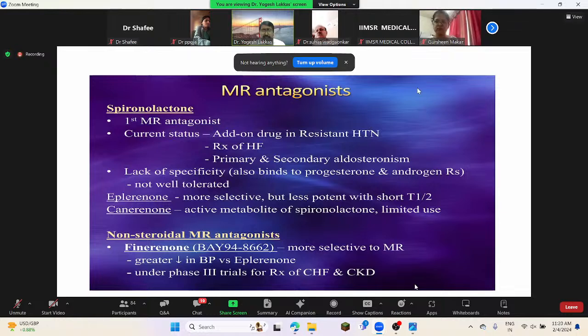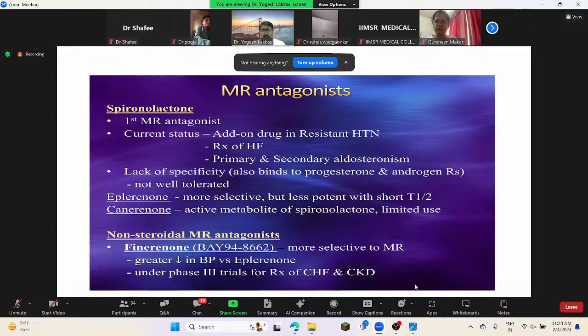Then eplerenone and canrenone. Eplerenone is available in the market. I have personally been using this molecule in resistant hypertension as an add-on drug. It has given very effective treatment in my patients, like resistant or refractory hypertension. Of the few patients that I get in my practice, eplerenone is a very good molecule in resistant hypertension, and you may use this in practice.